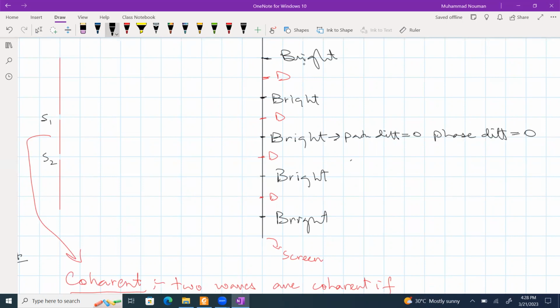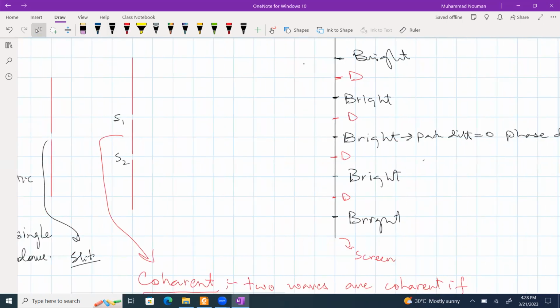That's the reason why this bright fringe is exactly at the middle point of these two slits. This bright fringe has path difference zero and phase difference also zero.